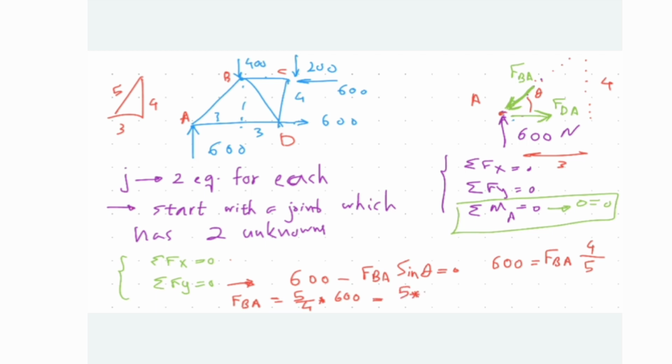That gives us 5 times 600 over 4, which is 5 times 6 times 100 over 4. You can simplify this by 25, so that would be 5 times 6 times 25.